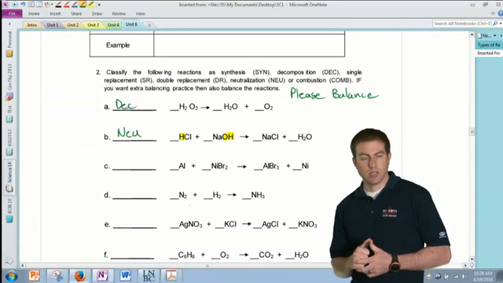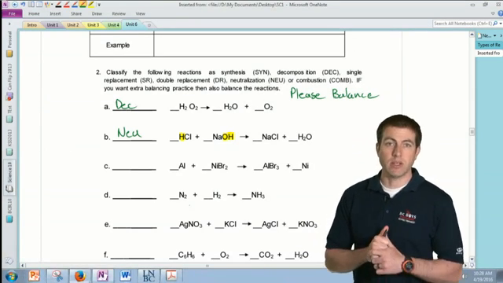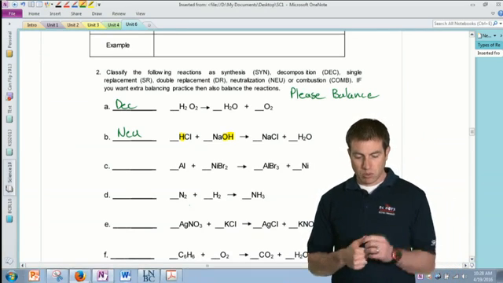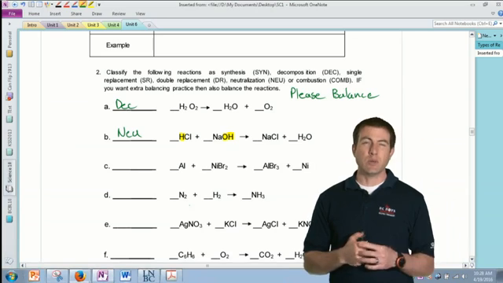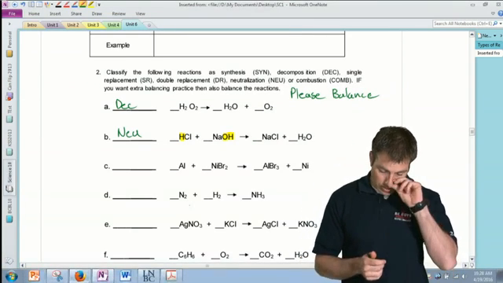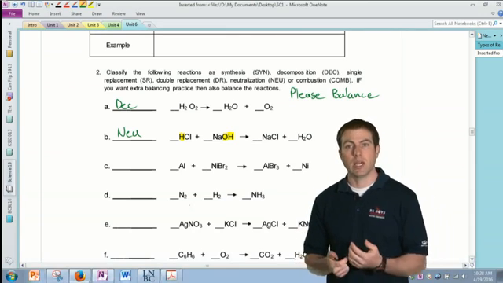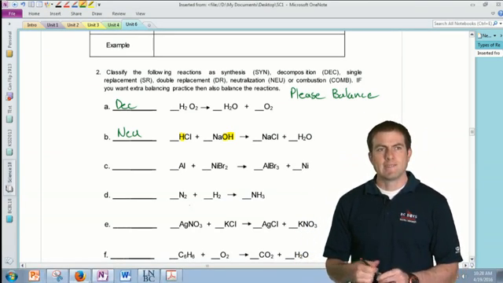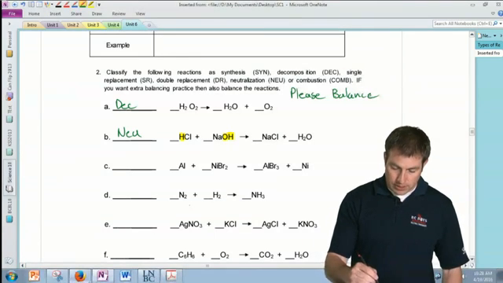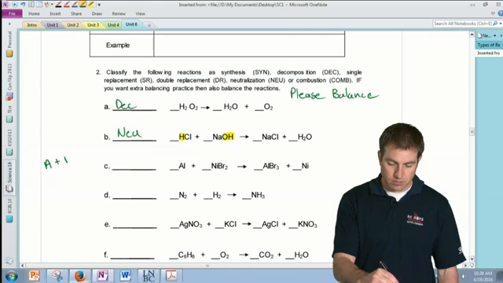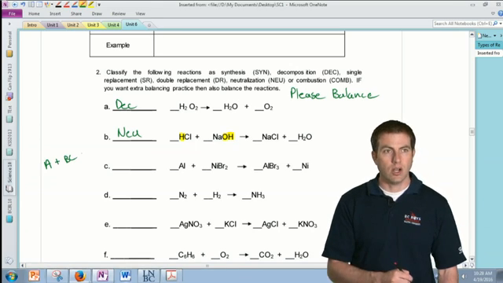Does anybody else want to support one of the others? Do we have a tiebreaker? Or we can think about what's going on here. Do we have the right ingredients for a single replacement, or do we have the right ingredients for a double replacement? For a single replacement, we're going to have A and something like a compound.